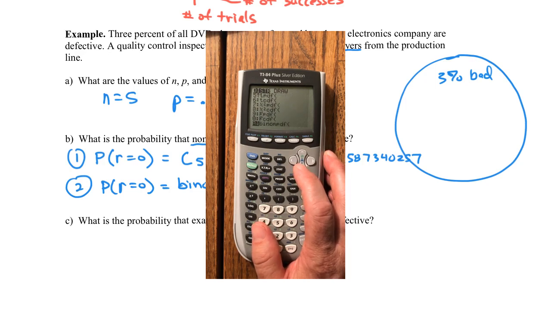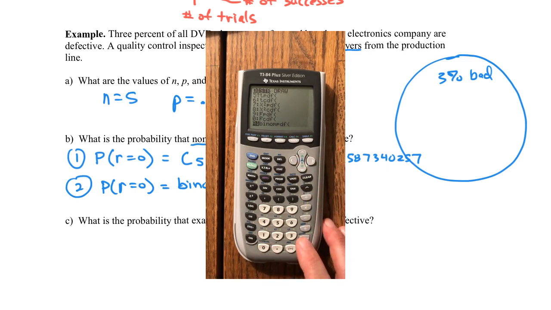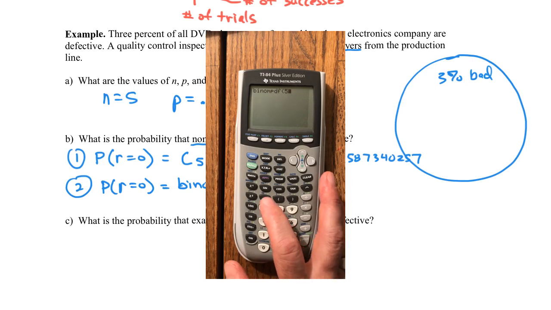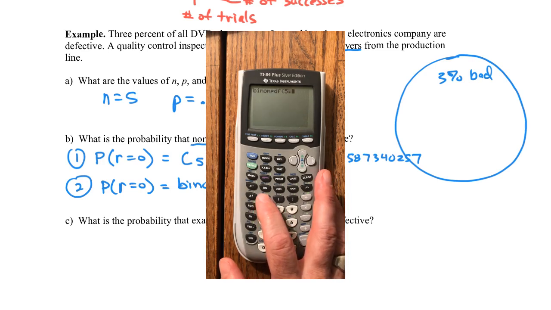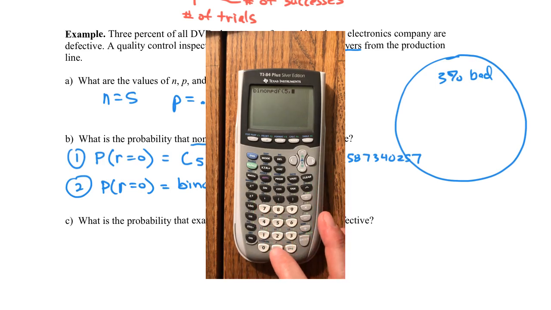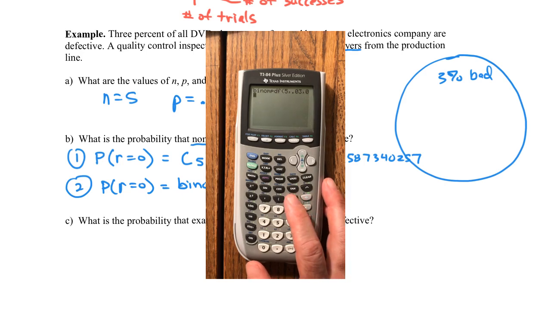We go to binomial PDF right here. Hit enter. And with this one, we just type in 5. You need the comma. So it's N and then P, .03, comma, and then 0. You don't need to close it, but I'll just close parentheses and hit enter, and you get the same thing.